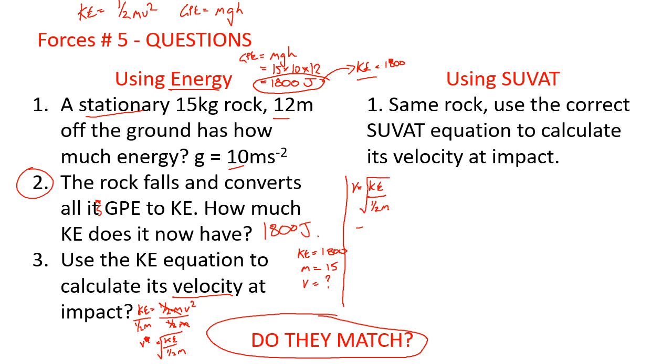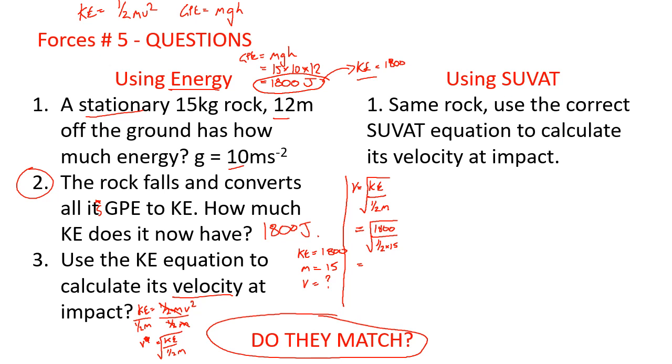So let's put in the numbers. Kinetic energy was 1,800, and mass hasn't changed. Mass is going to be 15, so half times 15, and remember the whole thing is square rooted. And we can put that in our calculator. Now, a couple of tips for you: don't try and put half as a fraction, just put 0.5, it'll be much faster for you, and use the square root and then the fraction button to build all this.